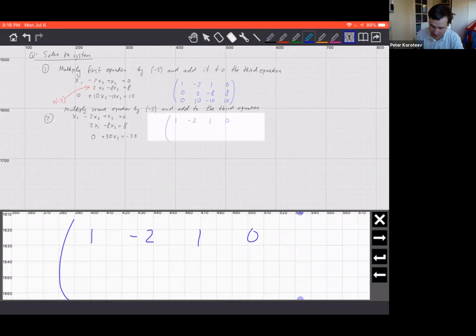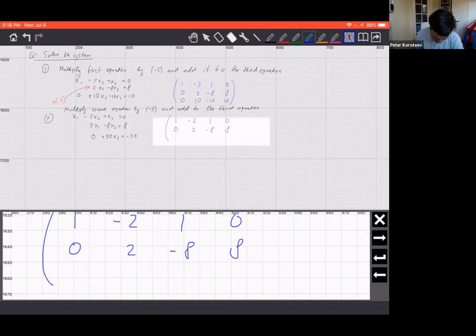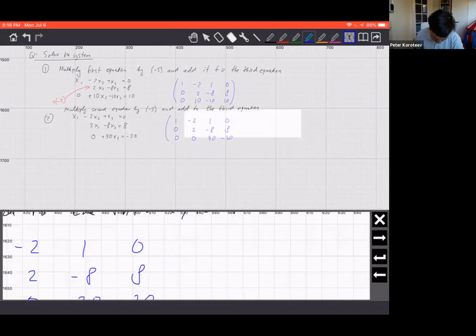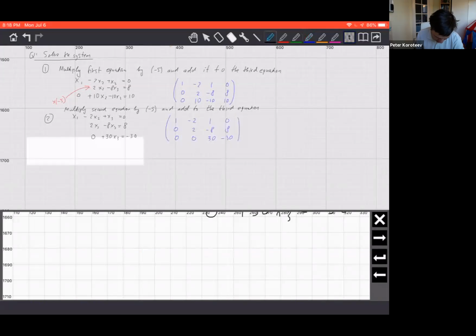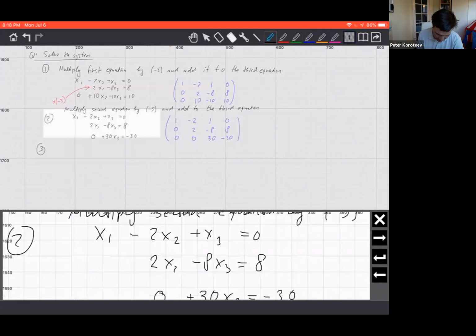So the augmented matrix in this case is 1, -2, 1, 0. So the first row did not change. And it's 0, 2, -8, 8. And this is 0, 0, 30, and -30. So you can see that we're getting close, and then we can divide the second equation by 2.